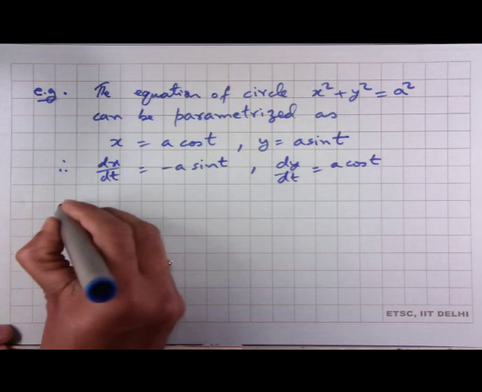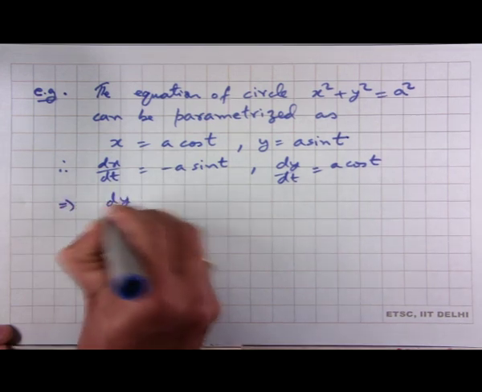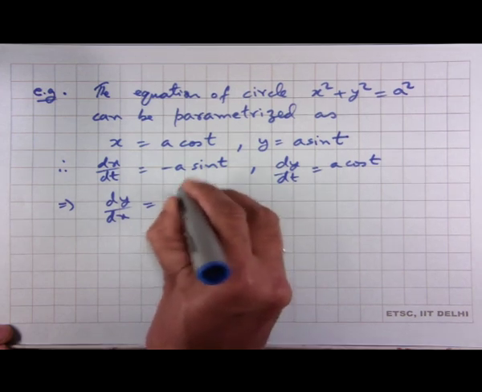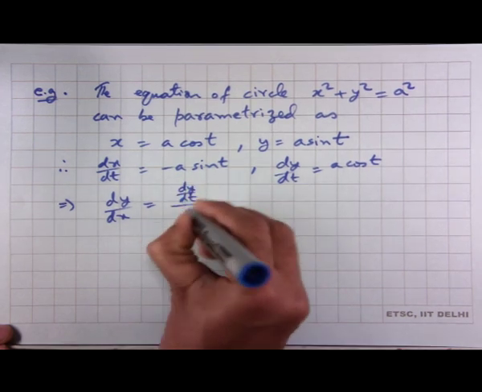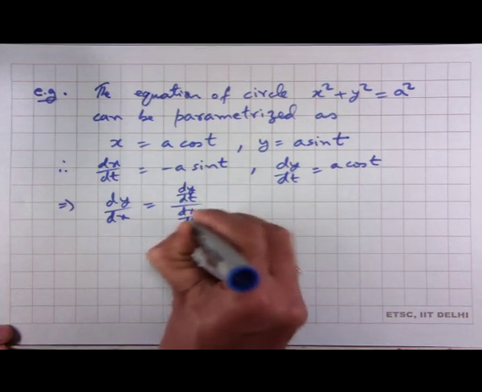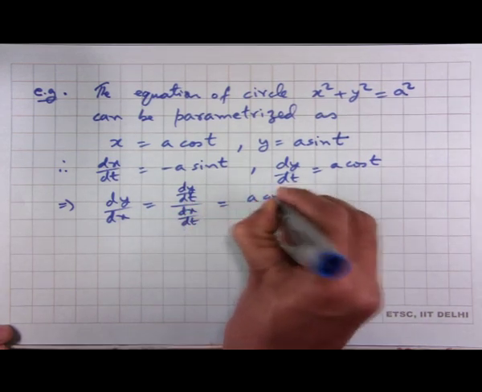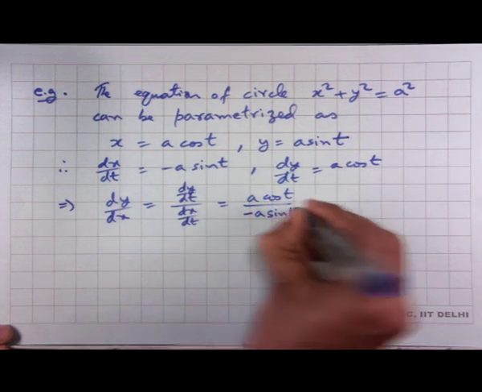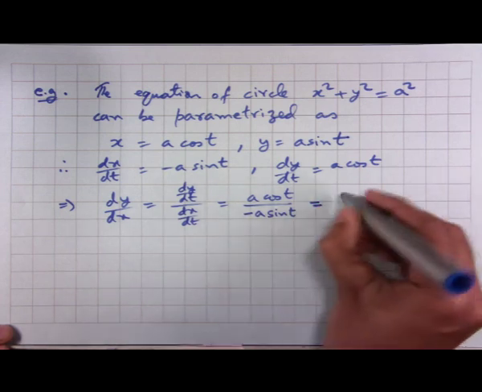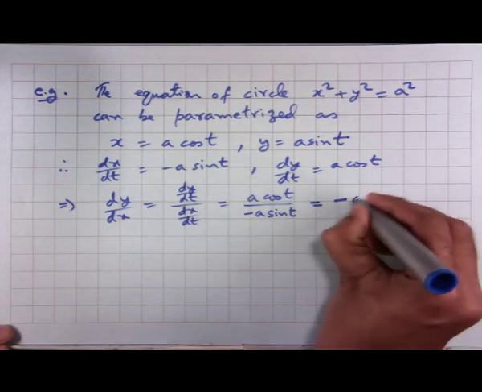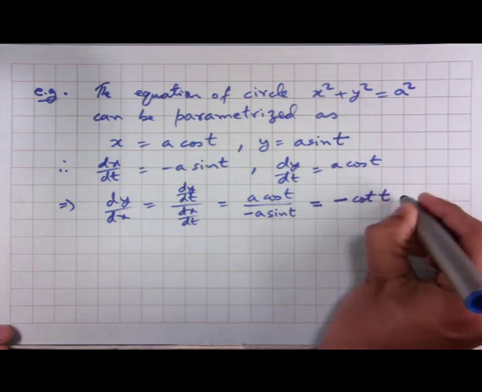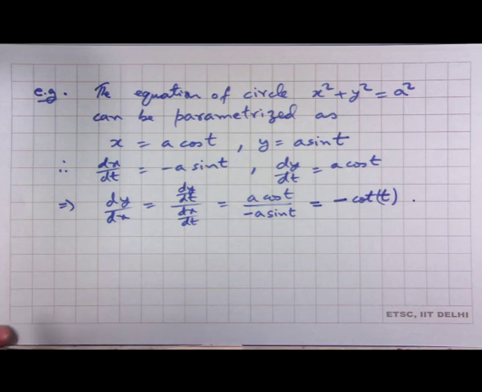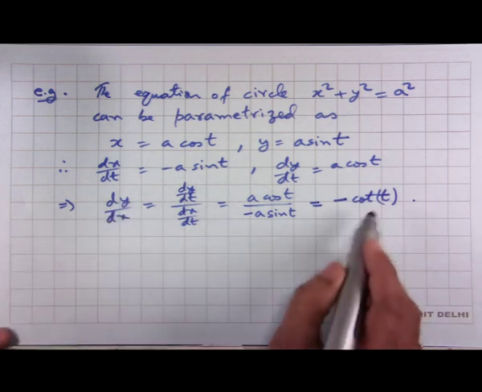So, to find the derivative dy/dx, this is nothing but dy/dt by dx/dt, which is equal to a cosine t by negative a sin t. So, a cancels and I get negative of cotangent of t. Right. So, we get the derivative here in terms of the parameter t.